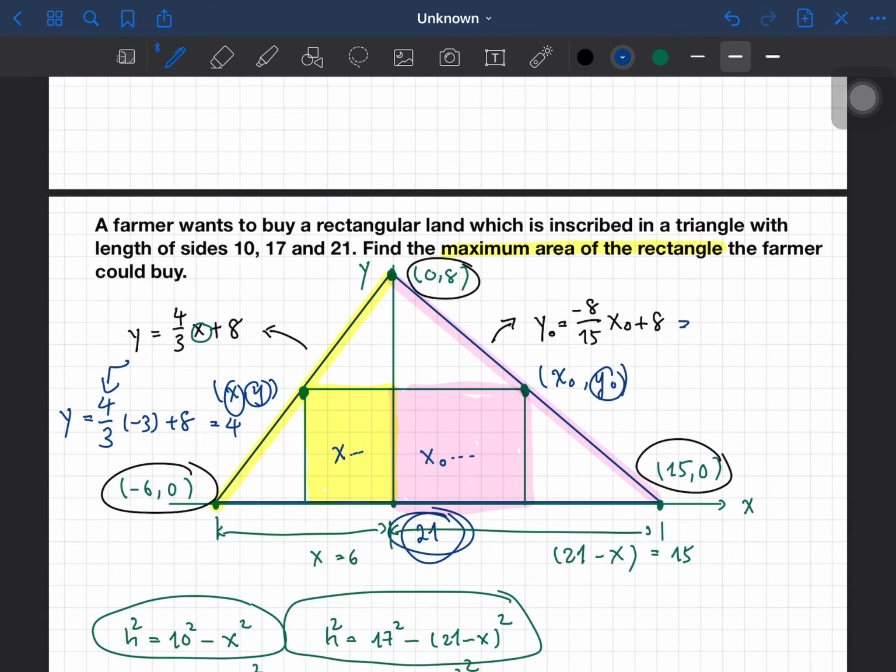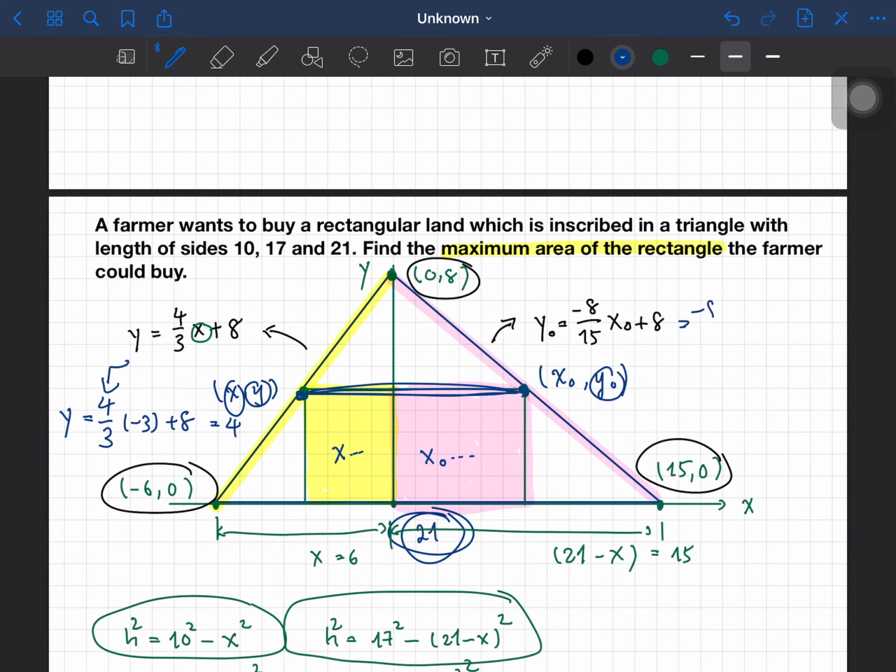So for this case, on the right hand side, you must also get y naught equals 4 because the rectangle has the same height. So on the same horizontal line, it must give you the same y coordinate value, which is y equals 4, and y naught is therefore also equal to 4.